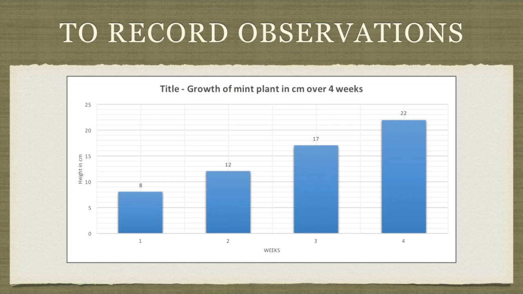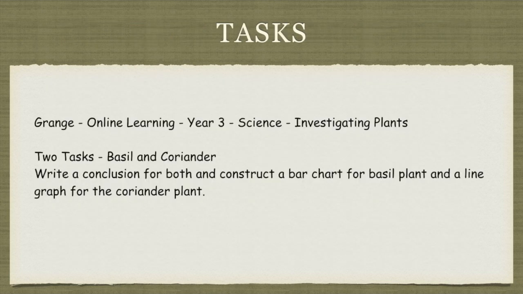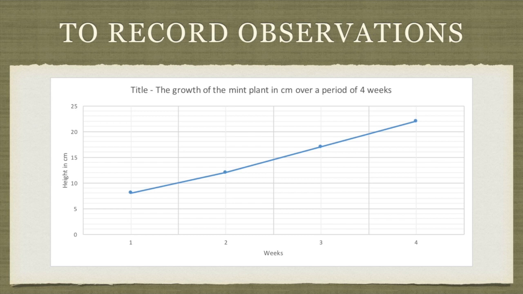Each bar stands for a different week when we measured, and the measurements are in centimeters. So you can see that we have a title, and on the left hand side the numbers stand for height in centimeters, and the numbers on the bottom stand for the weeks that we recorded the height of the mint. Okay, how else could we, sorry, I've got to go back one.